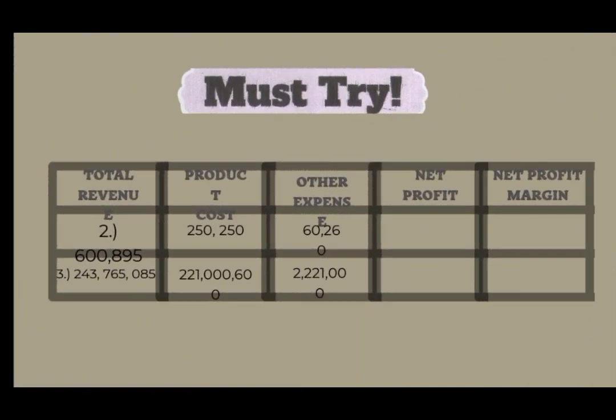Now, let's see my answer for this table, and hopefully we have the same answers. So, this is my answer for the net profit and net profit margin. Net profit for question number 2 is 290,385, and the net profit margin is 48.32%.